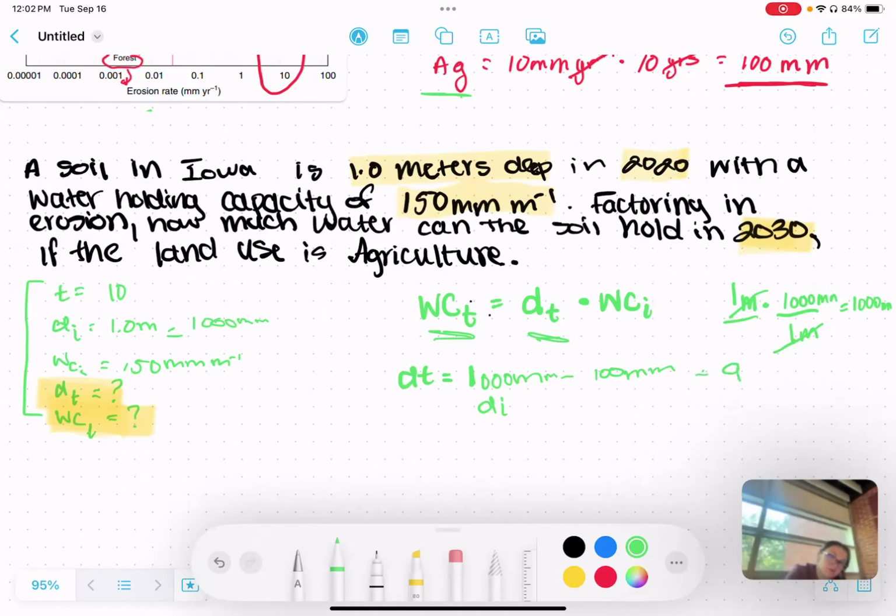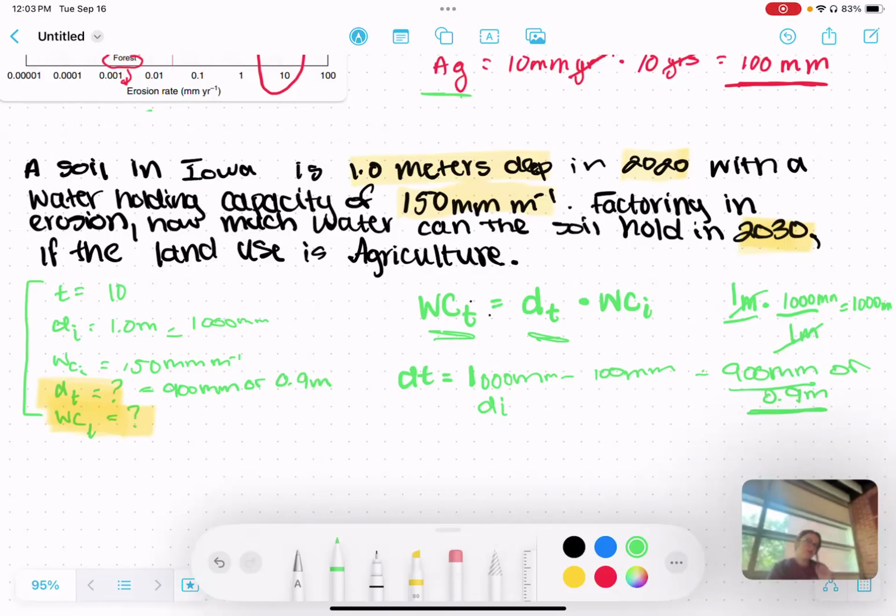We're left with 900 millimeters, or we could have converted this to meters and it would have been 0.9 meters. Either one of those answers works. So we know what this is now. It's no longer a question mark. It's 900 millimeters or 0.9 meters.